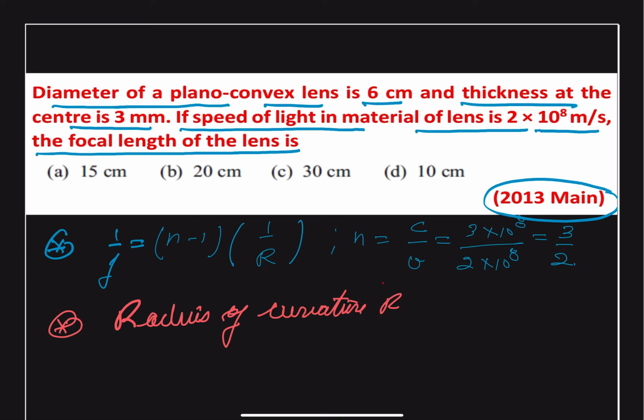We can write that t is equal to d square divided by 8r, where t is the thickness at the center and d is the diameter.